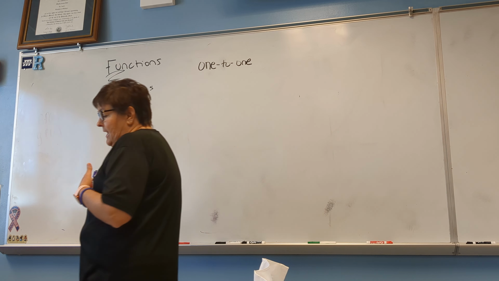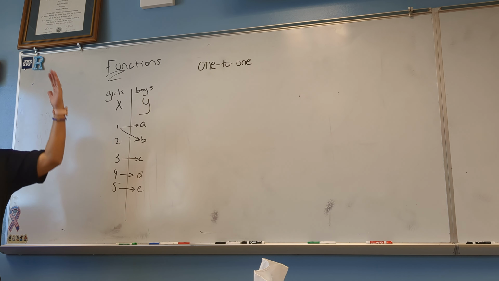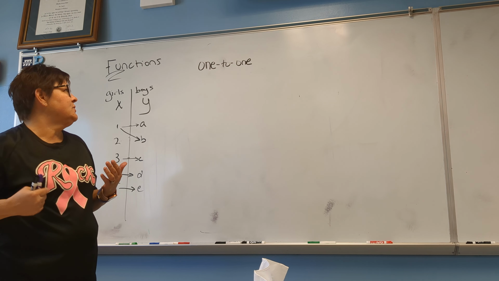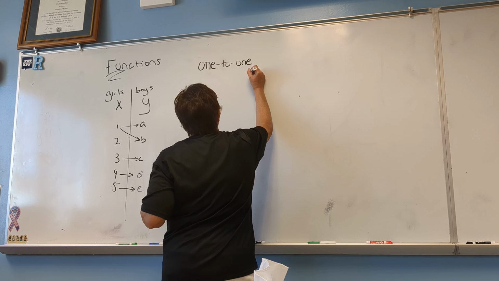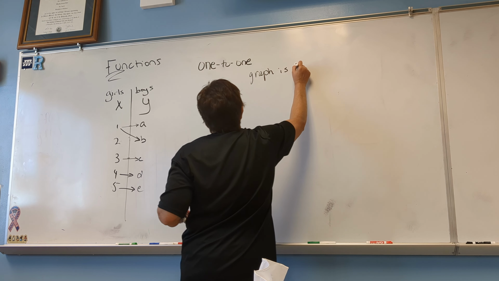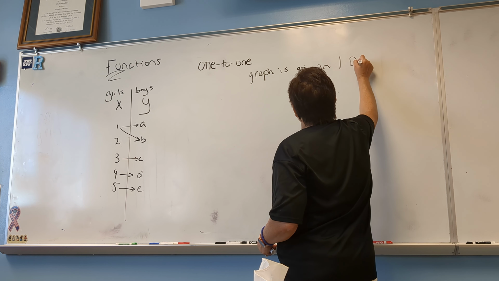But if I'm looking at it visually, like I did with the parabola and the straight line and the sideways parabola, it makes great sense. The way I like to describe this is the graph is going in one direction.